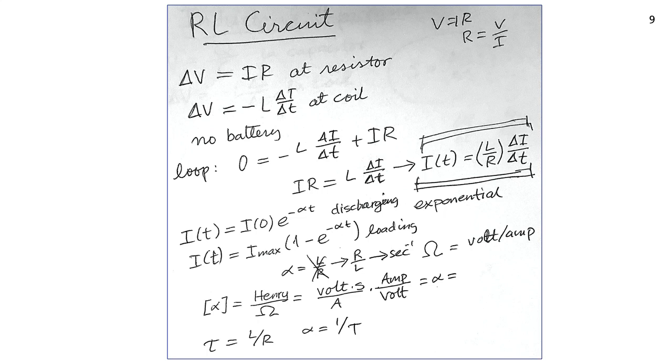Okay, so this should work out to, so let's make our alpha R over L. So R over L is going to be seconds, or seconds to the -1. So your time constant tau is L over R, and alpha is 1 over that.